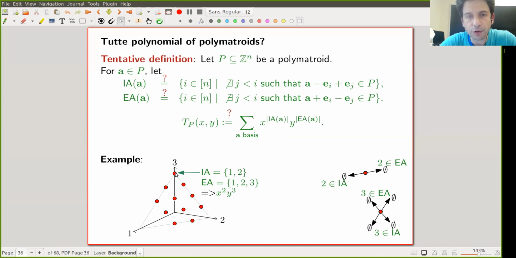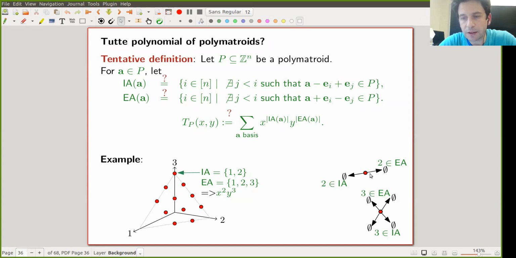And for a basis, I want to know what are the internally active and externally active elements. So 1 is always active, because there is never something smaller than 1. Then if I look at 2, what does it mean? I shouldn't be able to move in the direction 2 minus, 2 plus 1.